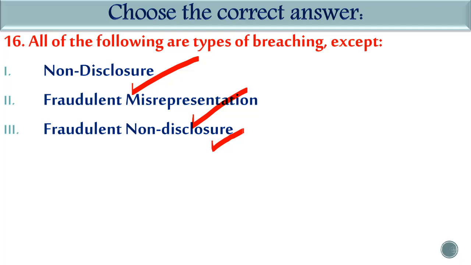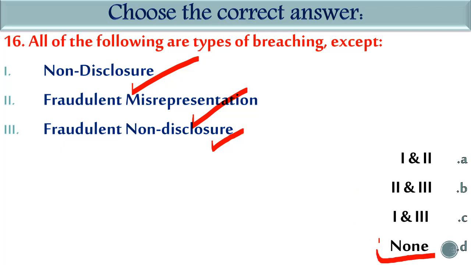Our answer should be 1 and 2 and 3, or all of these choices. Number A, 1 and 2, 2 and 3, 1 and 3. Our answer should be D, none, because all choices are correct.